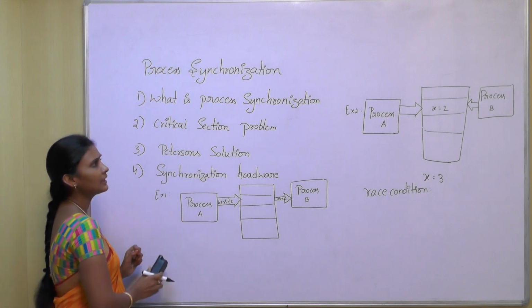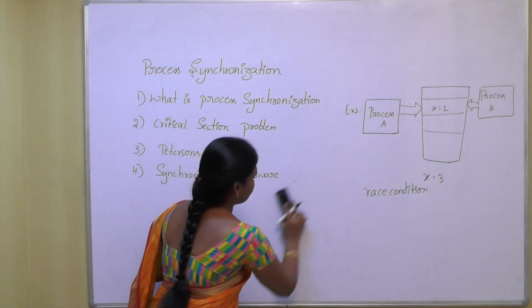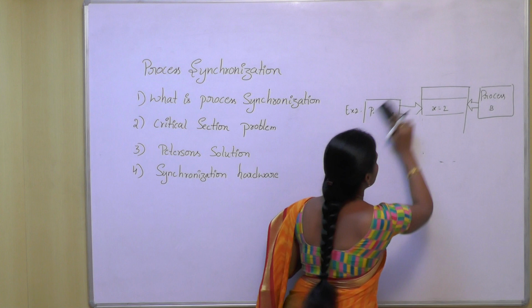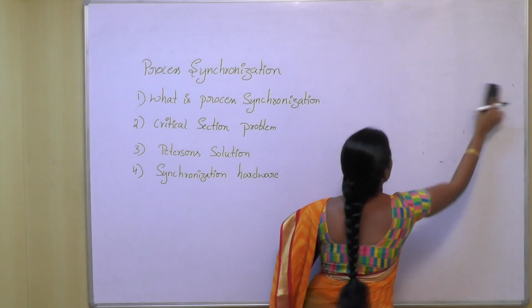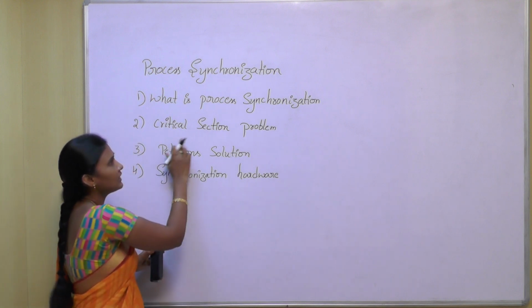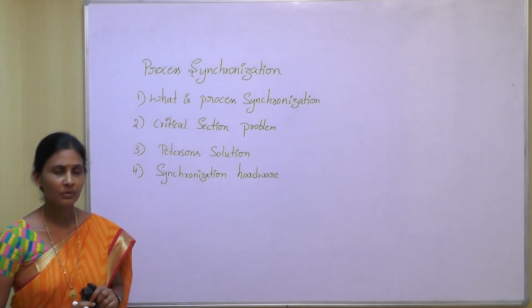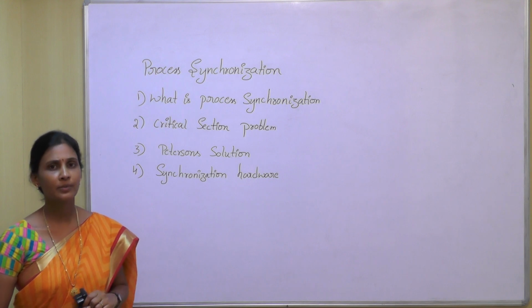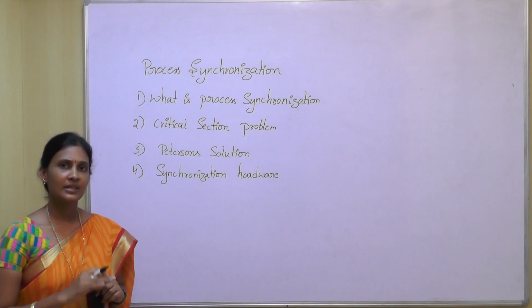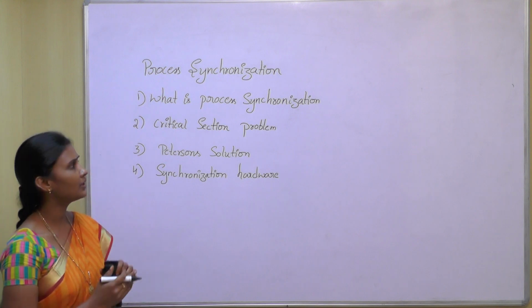Now coming to the critical section problem. Generally, the critical section problem means we consider a segment of code common to n cooperating processes. That means several processes can access the same data variables from this segment of code.